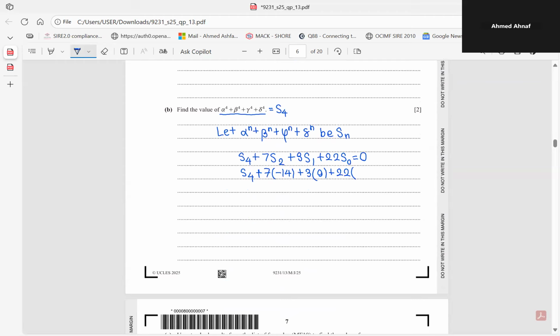Okay, so now we're gonna have to use standard results from our list of formula, our MF19, to find the value of this whole expression. Okay, so first of all, we're gonna have to simplify this expression in our bracket. So let's write down this entire expression in our bracket.